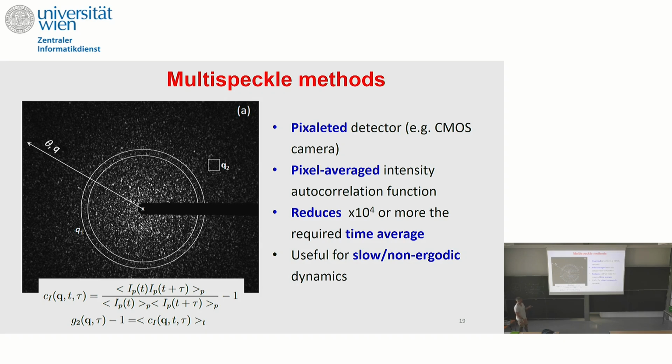Basically, you shine your laser beam onto your sample and you place your detector very far from the sample, such that a small distance on the detector corresponds to a teeny tiny scattering angle, okay?